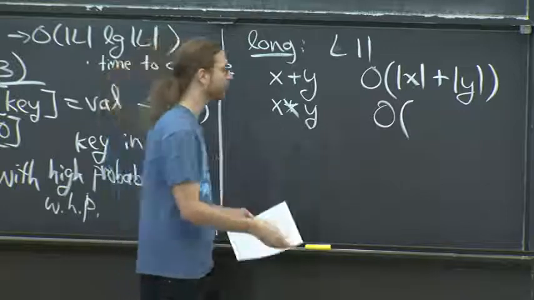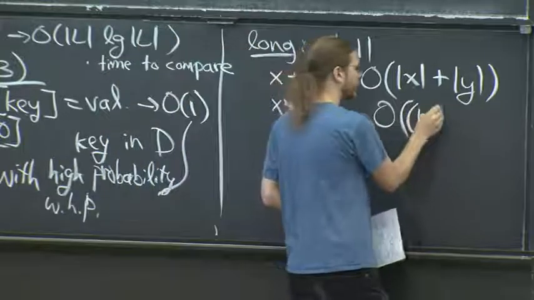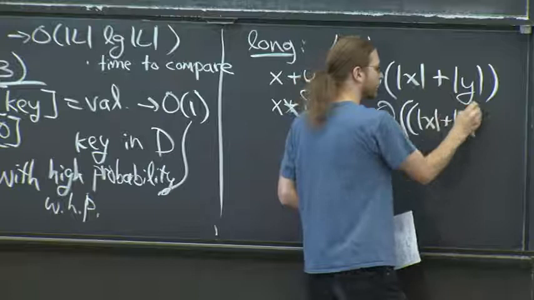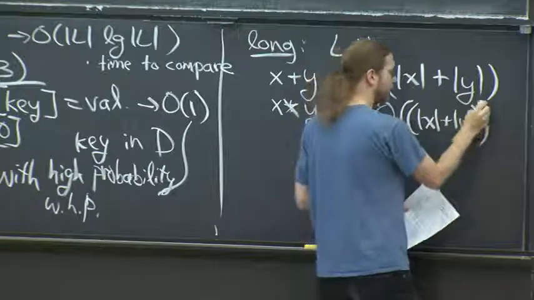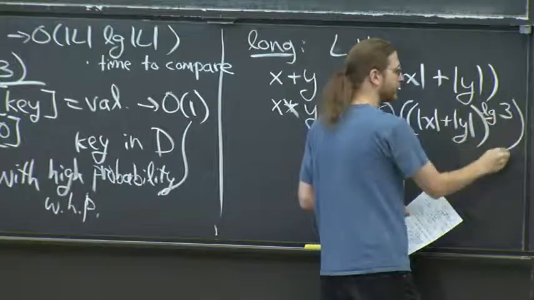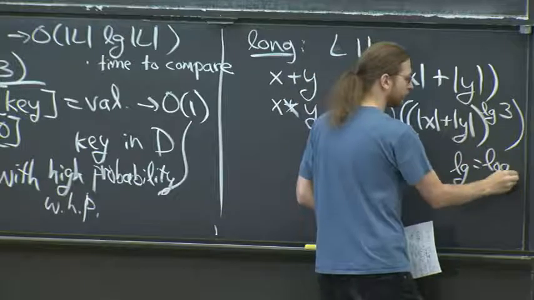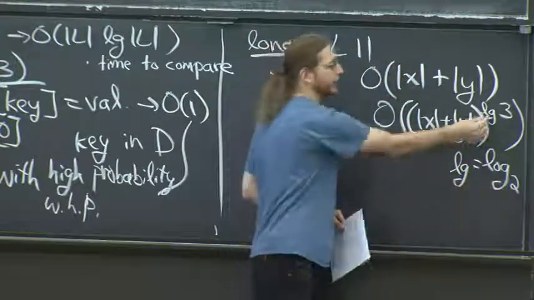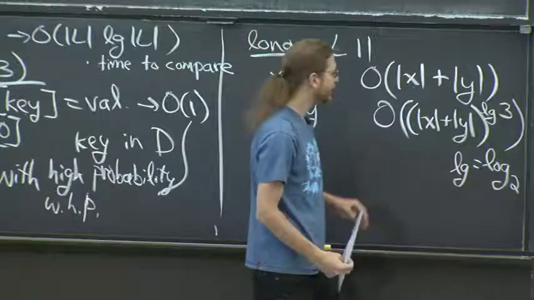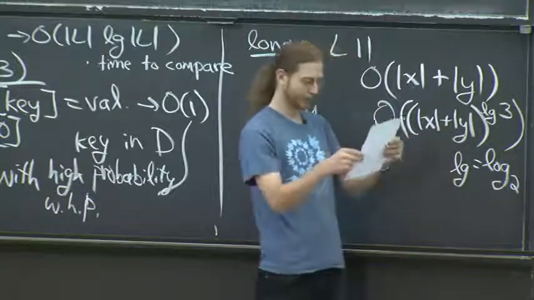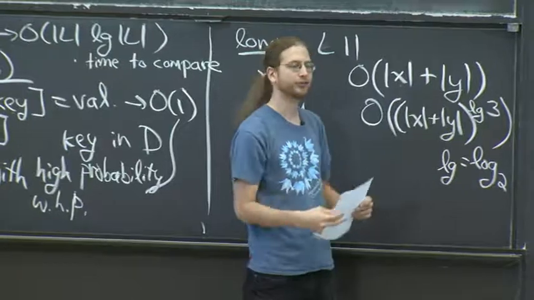The algorithm that's implemented in Python is x plus y to the log base 2 of 3. By the way, I always write lg to mean log base 2, because it only has 2 letters, so base is 2. Log base 2 of 3 is about 1.6.